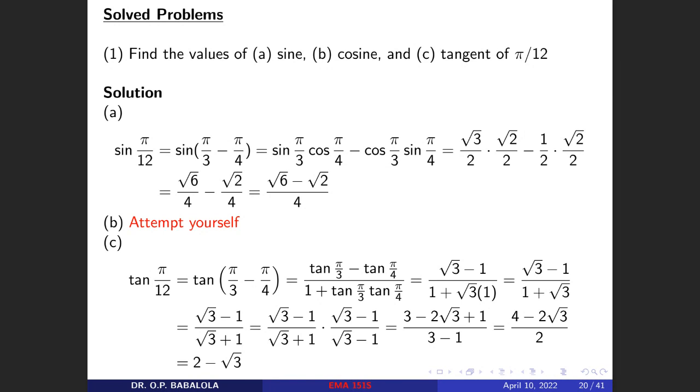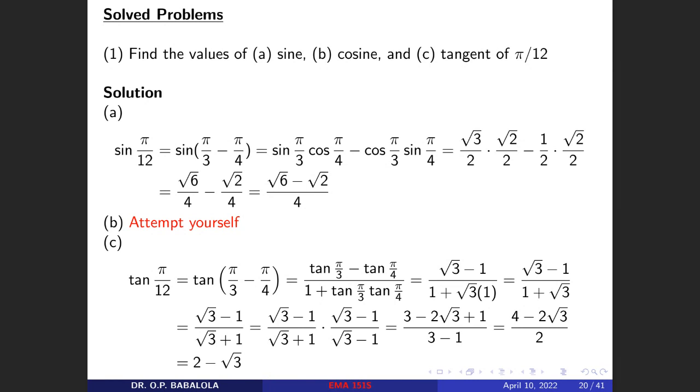And now, since we have represented pi over 12 as pi over 3 minus pi over 4, we can then use the subtraction formula. And what does the subtraction formula say? Sine of alpha minus beta. Let me write it here so you see.